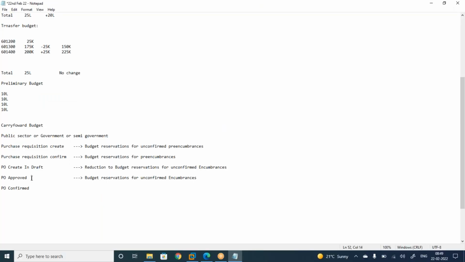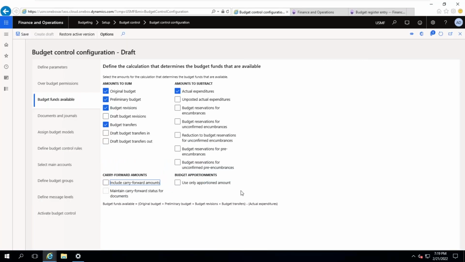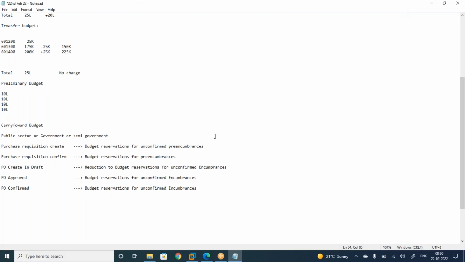At the time of approved status, it will be validated. Now, next step, at the time of purchase order confirmation, this is budget reservations for encumbrances. So this will be applicable for public sector companies, government companies, semi-government companies only.